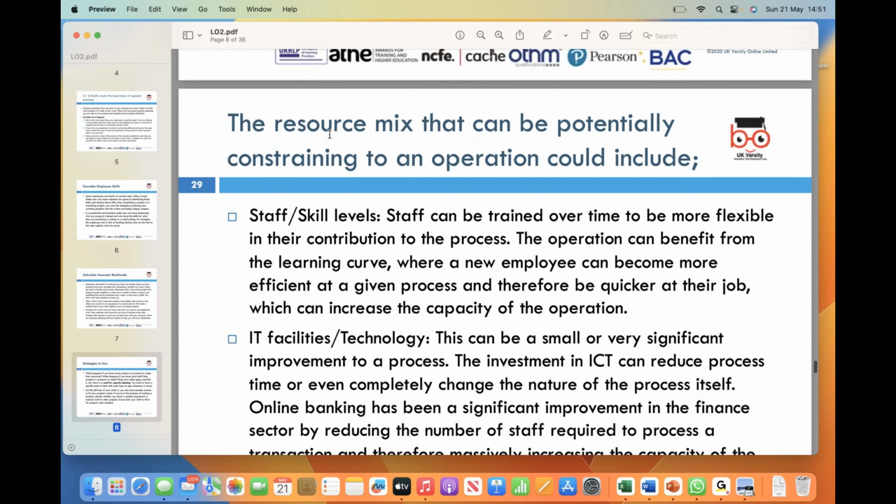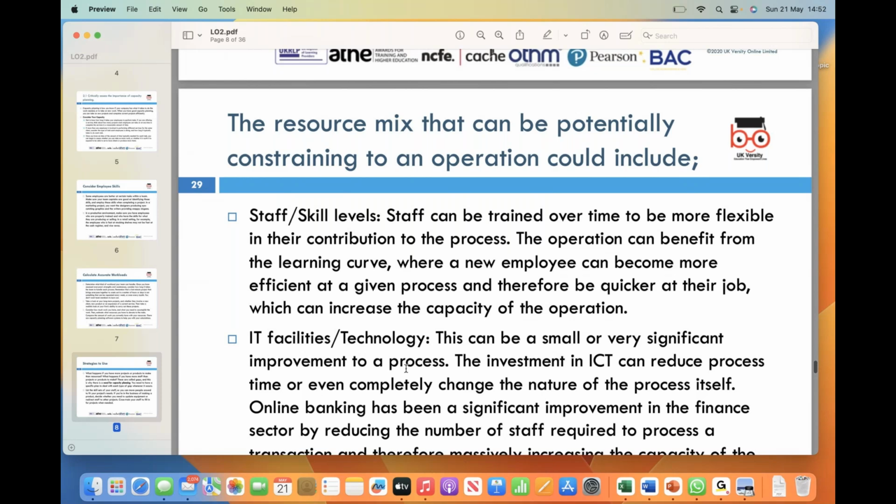Next one is IT facilities or technology. This can be a small or very significant improvement to a process. The implementation of suitable information and communication technology can revolutionize a process in either small or significant ways.